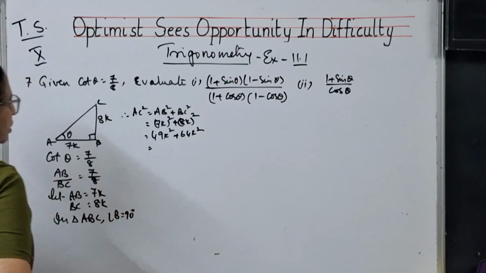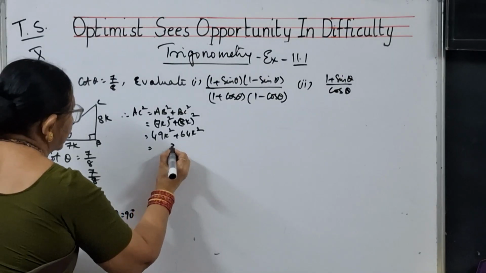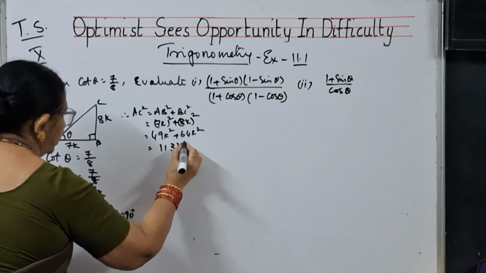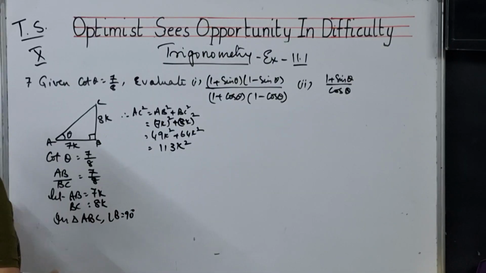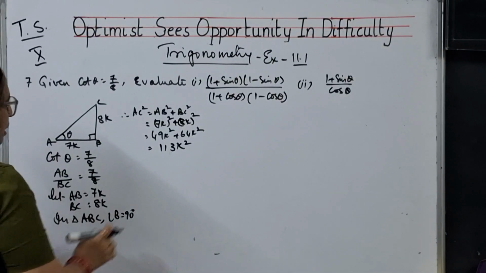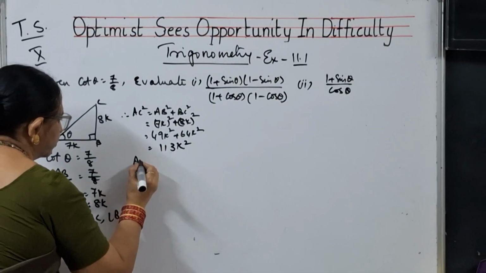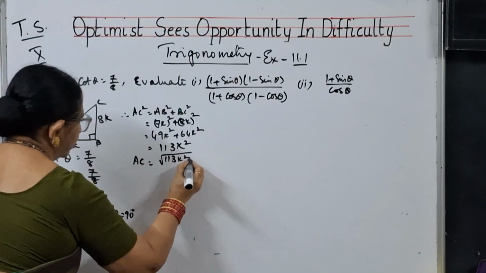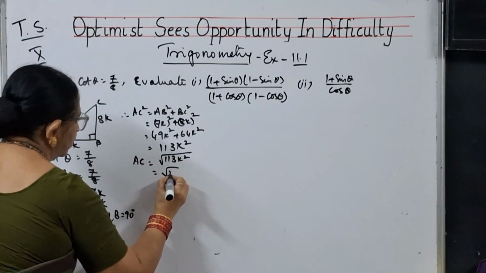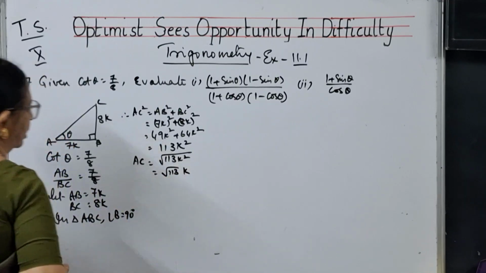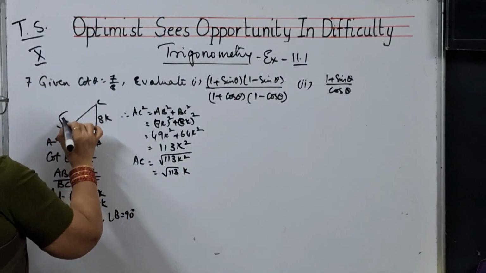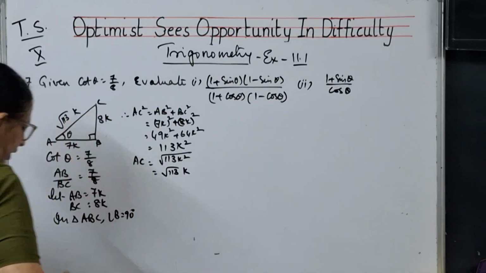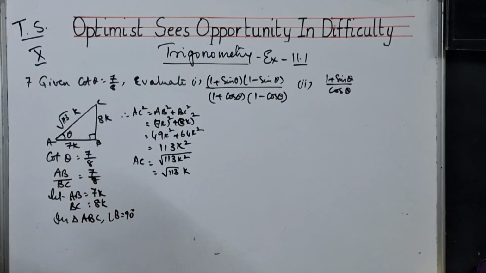So 9 plus 1, 10, and 4 plus 6, 10... that is 113 K square, which is AC square. 113 is not a perfect square number. So AC is equal to root of 113 K square, that means root 113 K you can write.